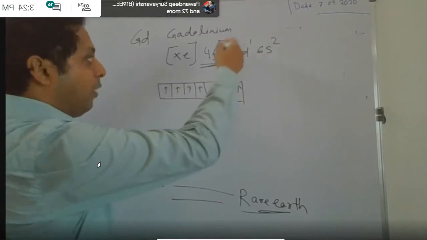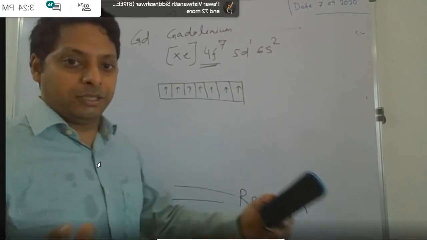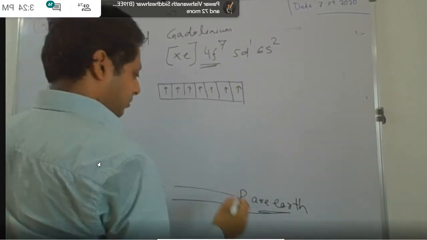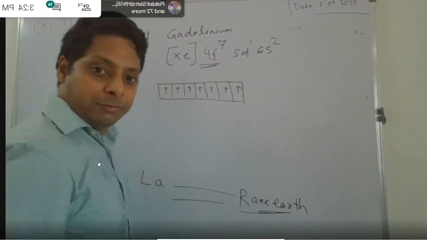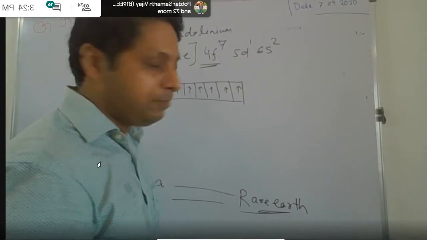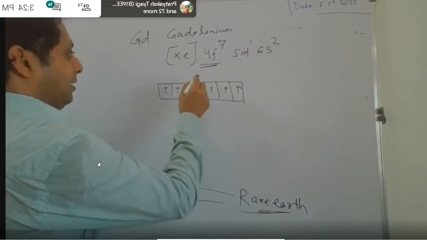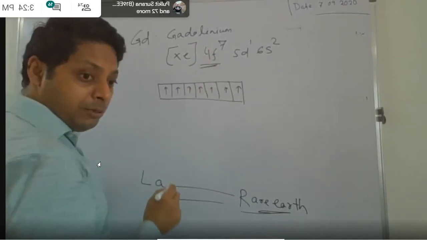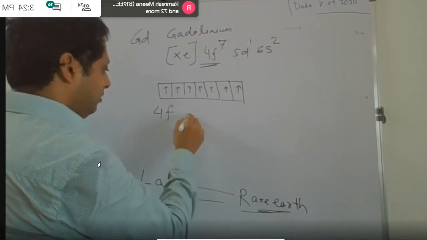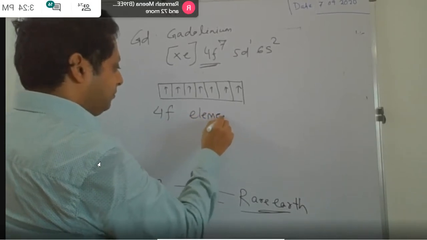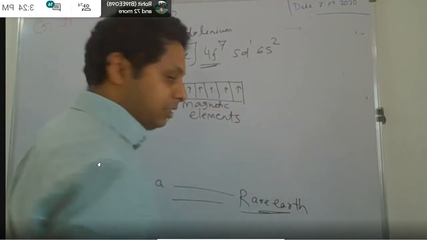You go 4f1, 2, 3 up to 4f14, so this is how you have these 14 elements. These are called the rare earth series, since the magnetic moment comes from this 4f orbital. Depending on whether they are filled or not filled, and since this magnetism comes from 4f, they are called 4f magnetic elements.